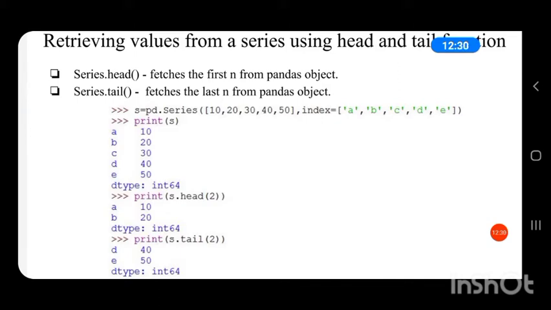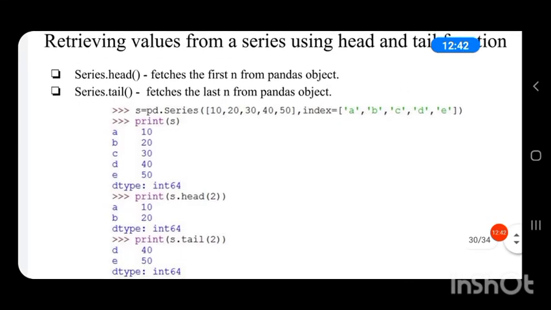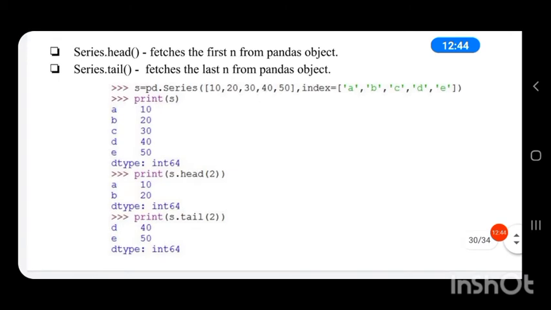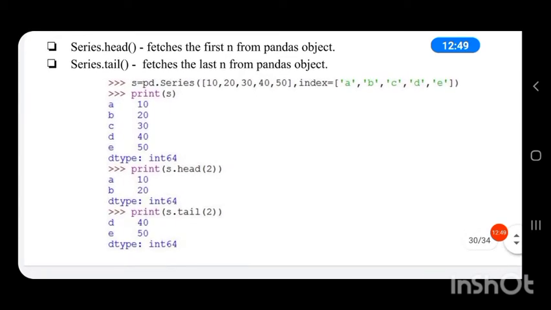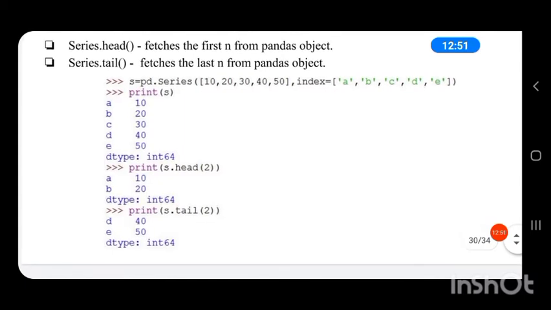N is the parameter specified inside the head function. Series.tail fetches the last n from the pandas object. N is the parameter specified inside the tail function.